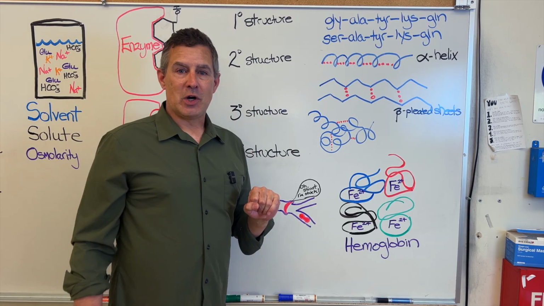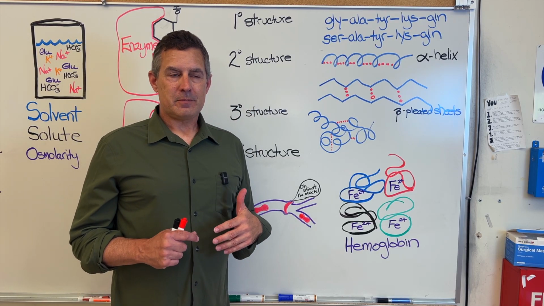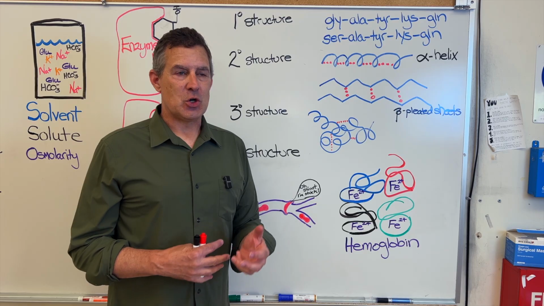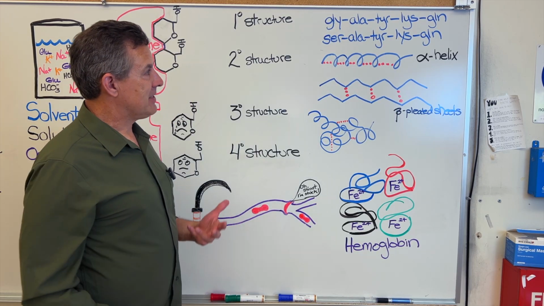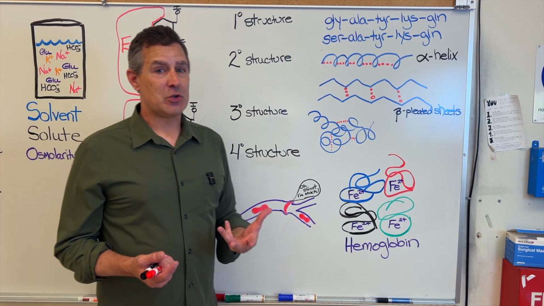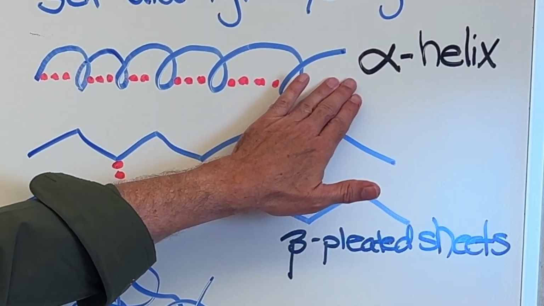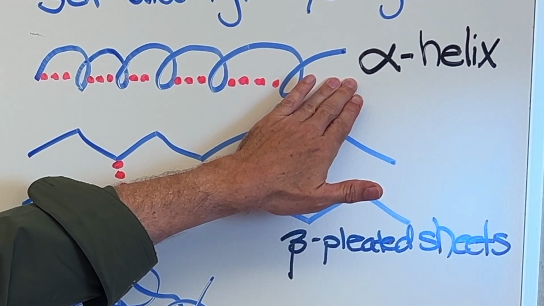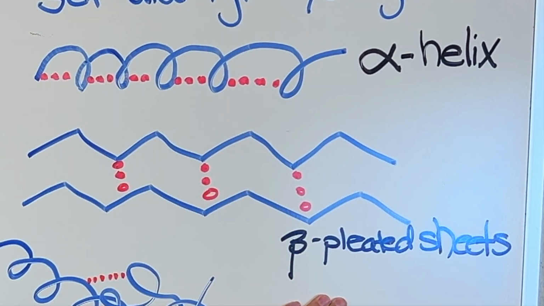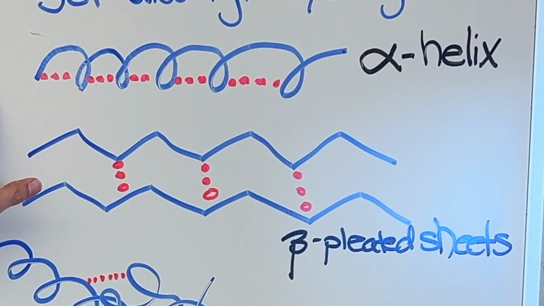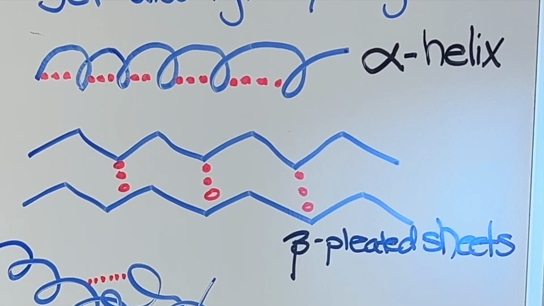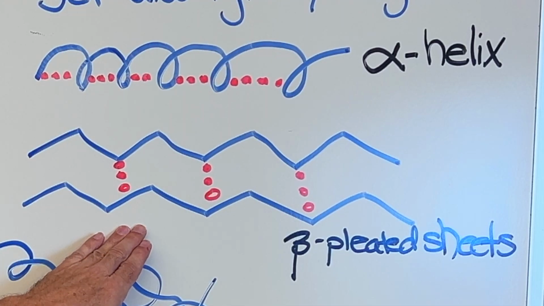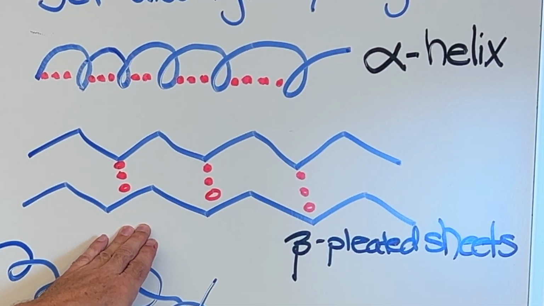The secondary structure is how the protein starts developing a shape or morphology. The 2 basic morphologies of secondary structures of proteins are the alpha helix and the beta pleated sheets. This is an alpha helix, not necessarily a great drawing, but it's hard to draw a 2-dimensional alpha helix. And these are the beta pleated sheets.